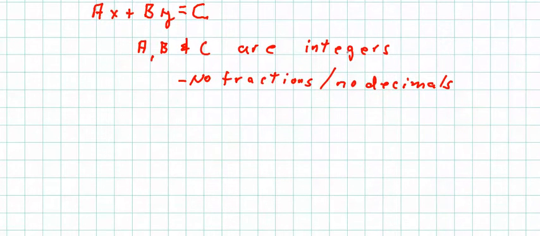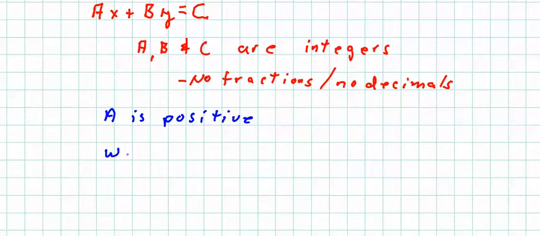There's one other thing. A needs to be positive. A is positive, not negative. All right? So, let's look at a couple of simple equations.